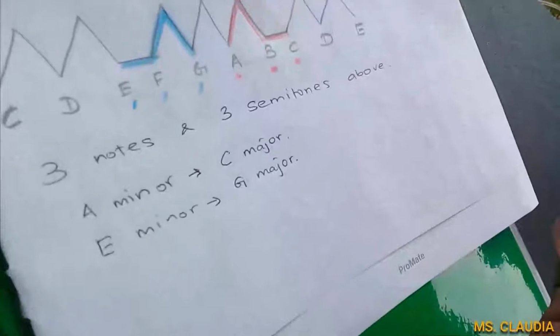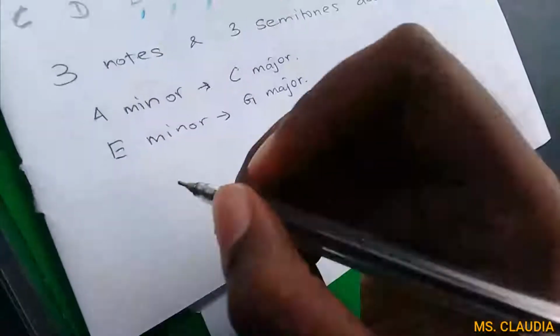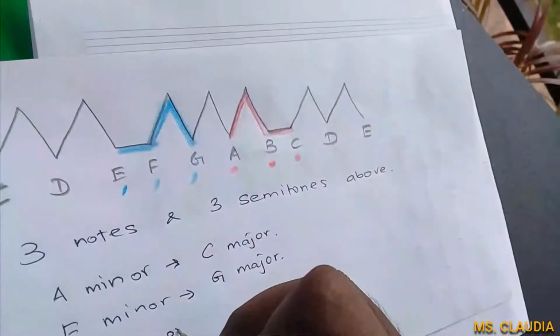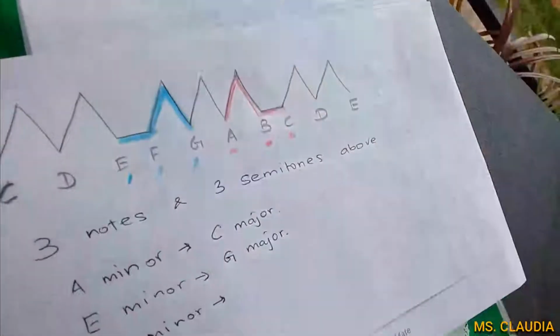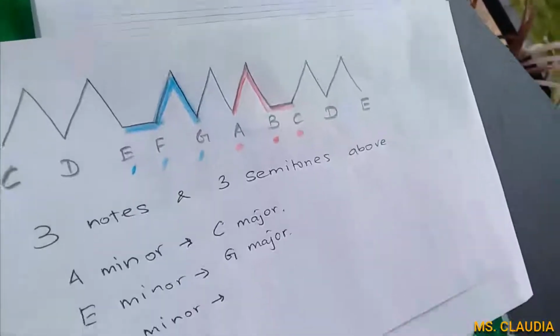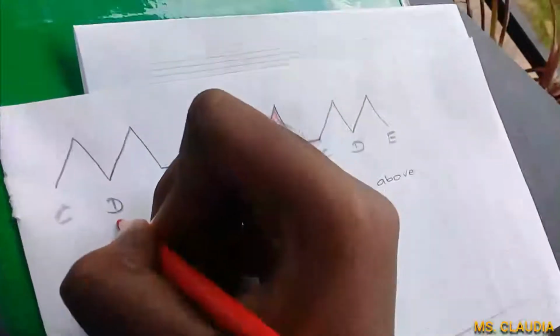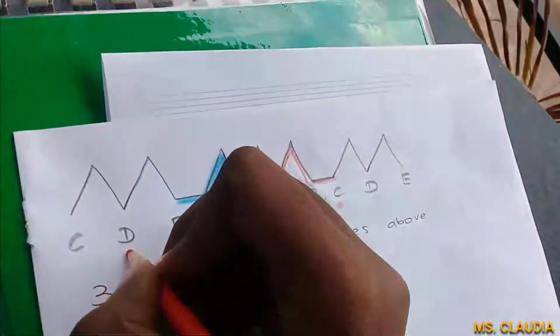Let's see the relative major of D minor. Hope you all would have understood now. That is, you must go 3 notes and 3 semitones above. So D minor, you keep your pencil point on D and count 3 notes.